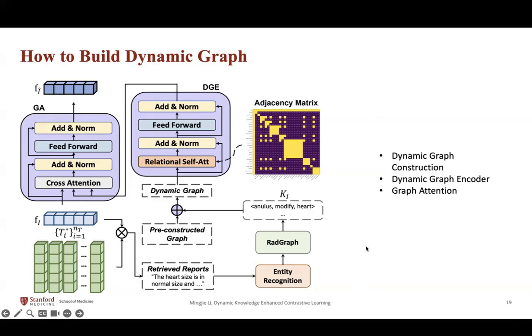We can only use one language tool to extract the entities from the retrieved report, and using these retrieved entities, we will find if there are any relations or any triplets in RadGraph. So we have the object entities and the subject entities from each triplet from RadGraph, and we will use the entities that are missing in the pre-constructed graph to build the dynamic graph. I'm not sure if I answered your question correctly. Yes, thank you.